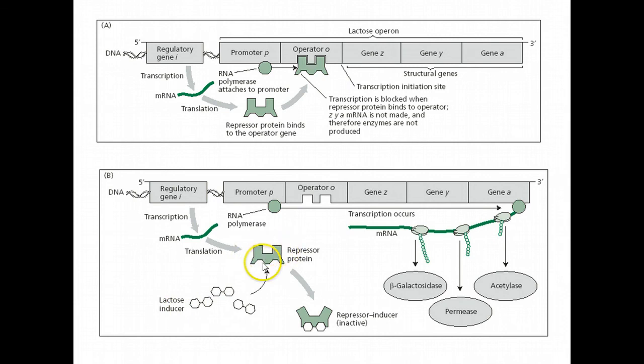Lactose binds to the repressor protein, and when it binds to the repressor protein, it warps the three-dimensional structure of the repressor protein. And let's move up to this top panel. You have the operator binding the repressor protein. Now you have a repressor protein that's warped, which means what?